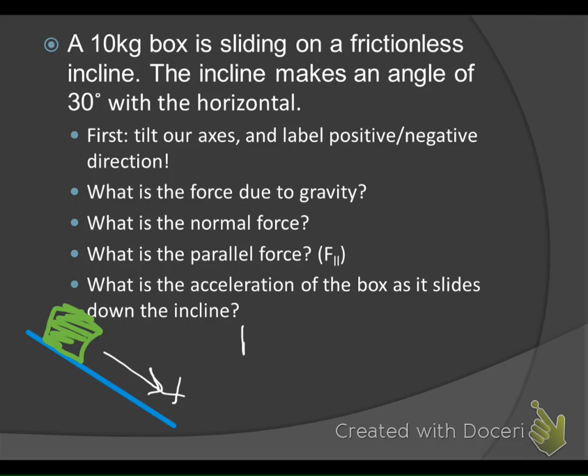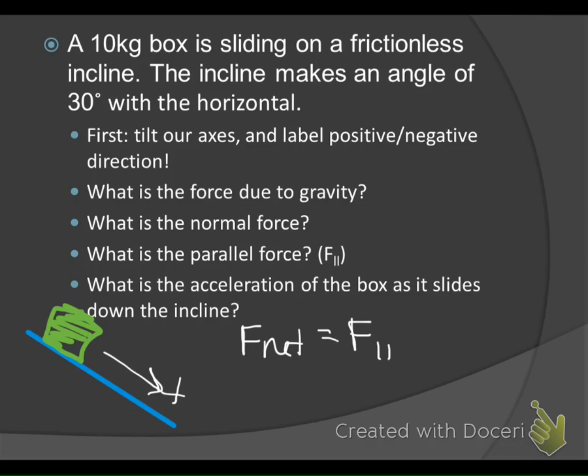So we want to find F net of horizontal components. Tell me what rightward horizontal components we have. Yeah, F parallel. Do we have any leftward horizontal components? No. You can put 0, you can leave it off. If we had friction, this is where friction would go. You'd subtract out friction, but we don't have that.